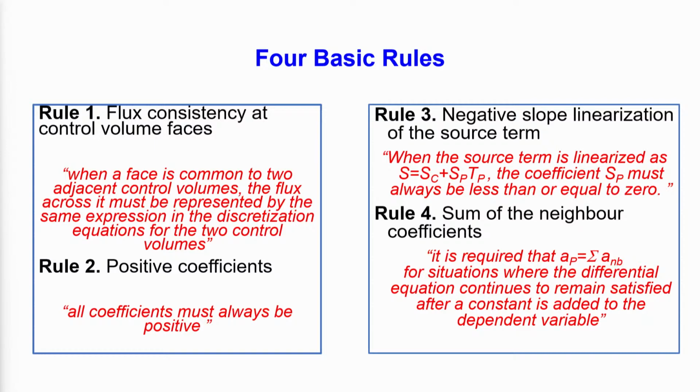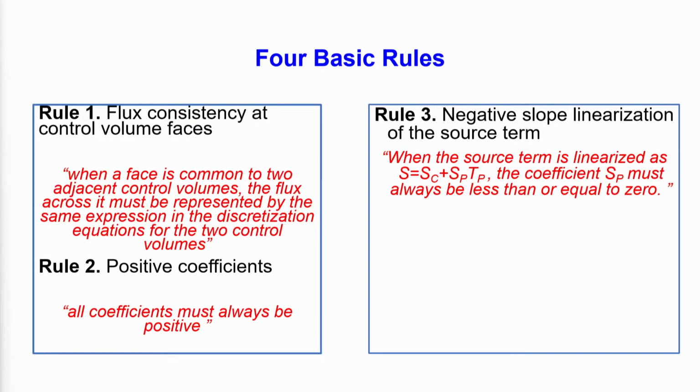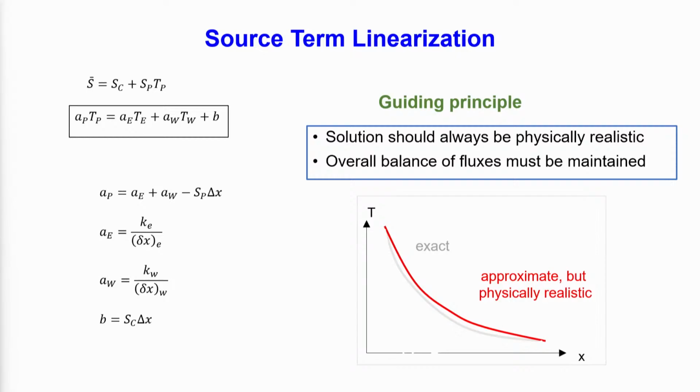And another rule, rule 4: AP is the sum of the neighboring coefficients if there is no source or sink. Let me come back and see how this follows from the basic mathematics.